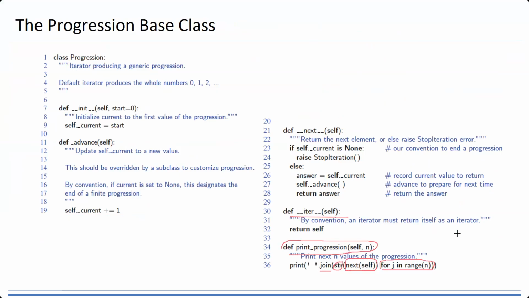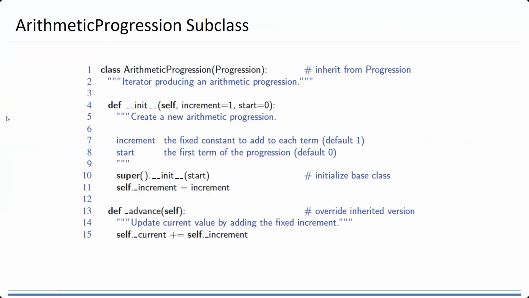Okay, I hope that you already understand this code, because you learned in computer programming about the one-line statement for the for loop. So this is the class progression, and now we are looking at the subclass.